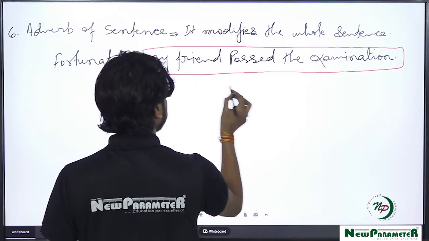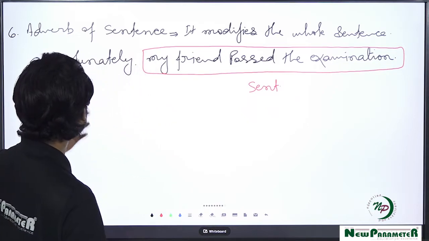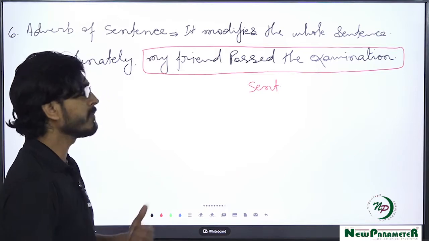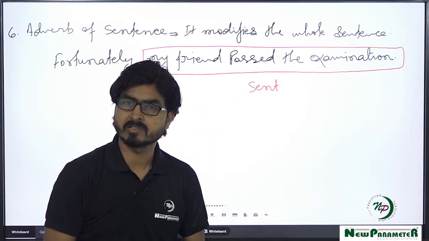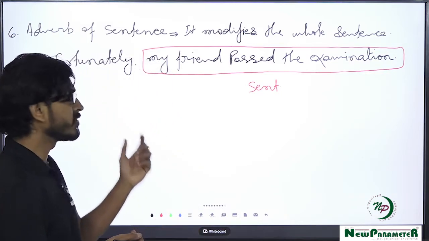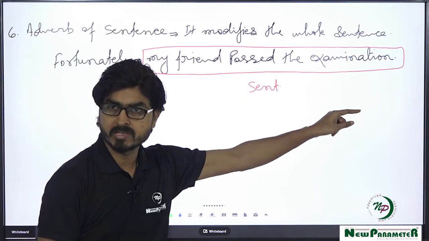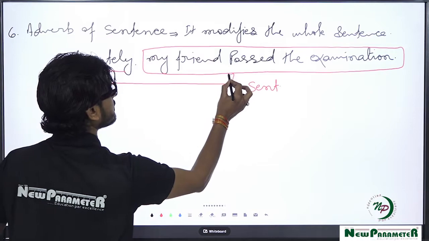And fortunately, bhagyavash, fortunately, what happened? Fortunately, we cannot say passed the examination. Who passed the examination? So we can say, fortunately, my friend passed the examination. So whatever we have used here, fortunately, it has been used for this sentence.